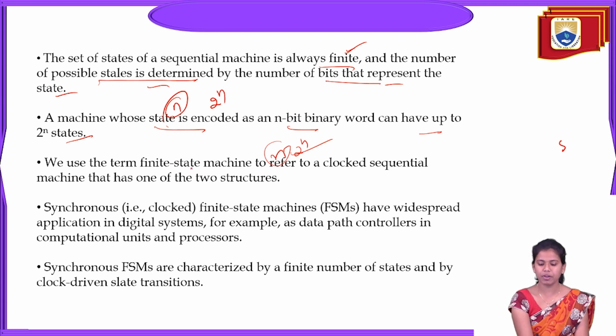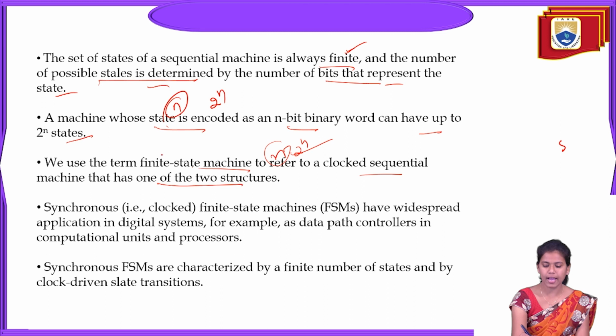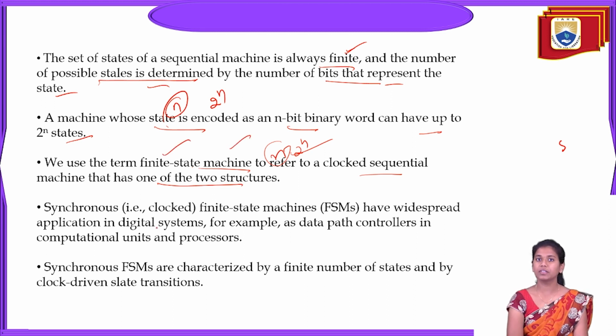We use the term finite state machines to refer to clocked sequential machines that have one of two structures. In sequential machines, we come across different machines named after authors, like Mealy and Moore. When considering such machines, we refer to them as finite state machines, FSM.